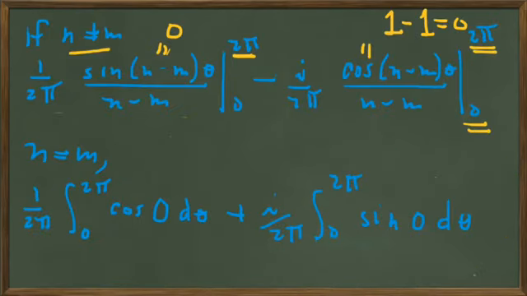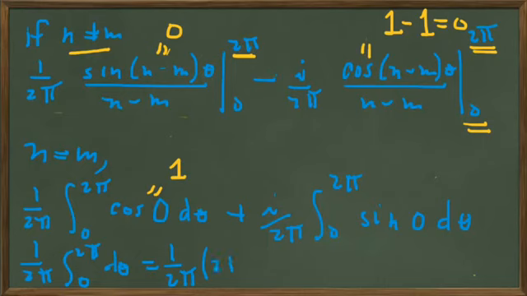So the cosine of 0 is equal to 1, so we're integrating d theta, so we get 1 over 2 pi, the integral between 0 and 2 pi of d theta, which is 1 over 2 pi theta evaluated between 0 and 2 pi, which is 1 over 2 pi times 2 pi minus 0, which is 1.